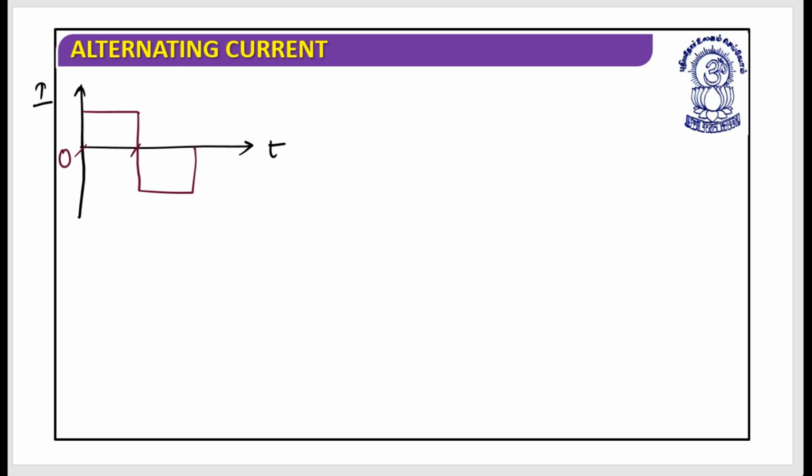This is 0, this is t by 2, this is t. This is, let's say, plus I naught, this is minus I naught.